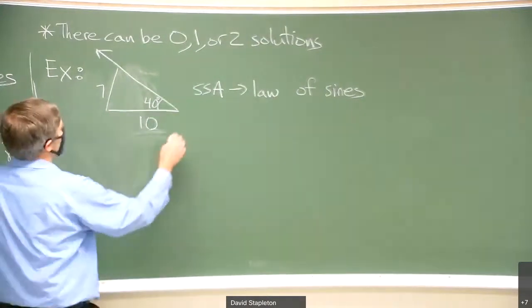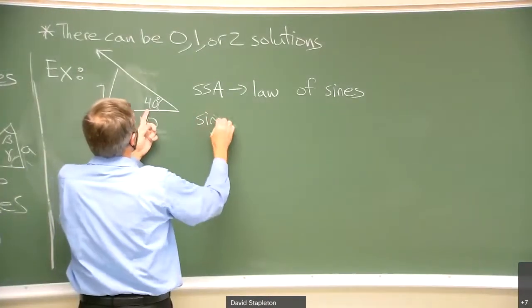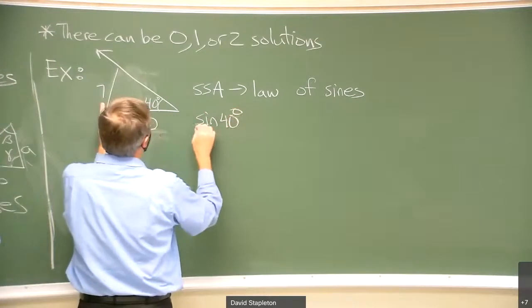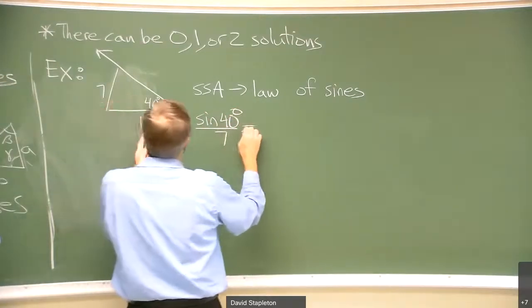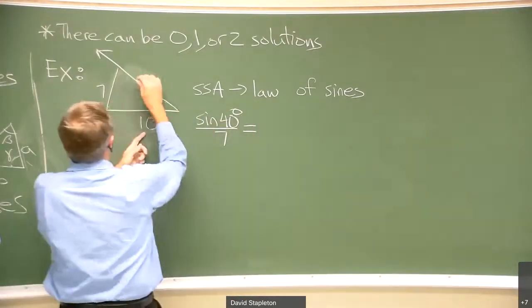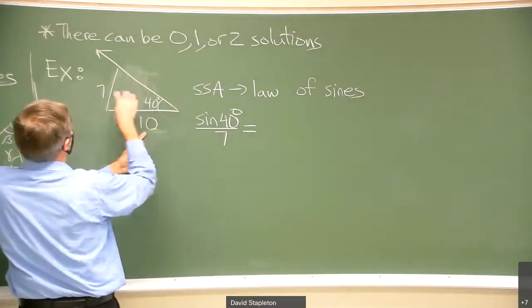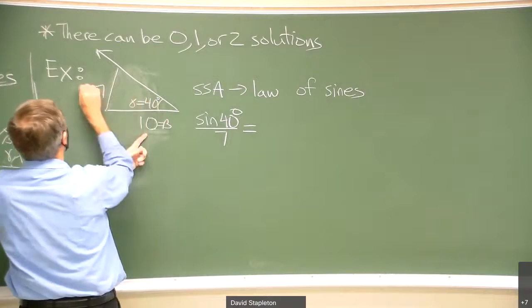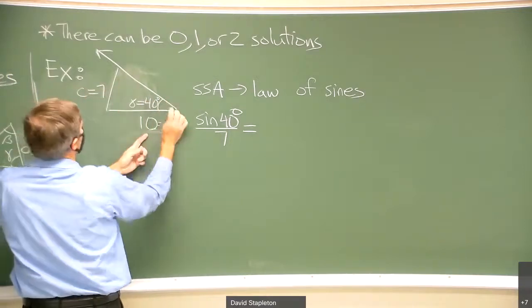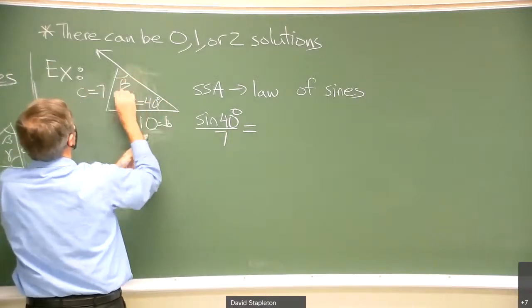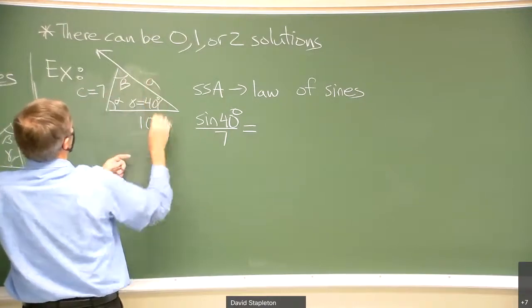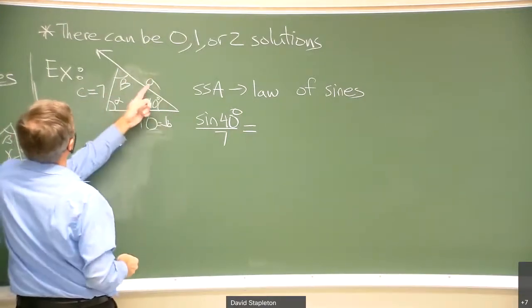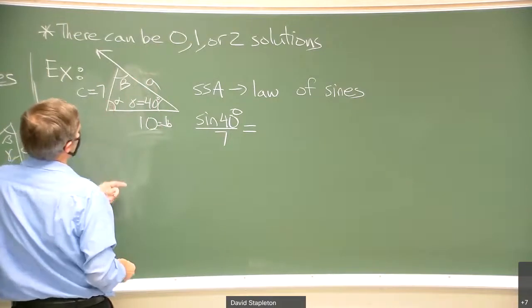So I'm going to say sine 40 degrees is to its opposite side 7, as, if this is gamma and C, then this could be beta and B, and this would then be alpha and A. So I need to find A, beta, and alpha out of this.